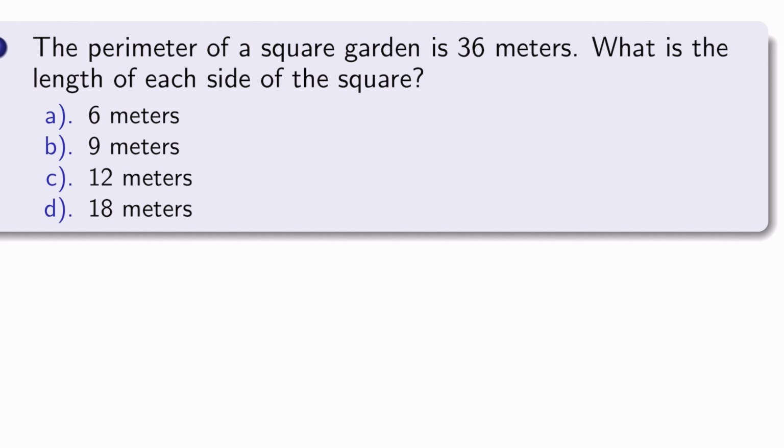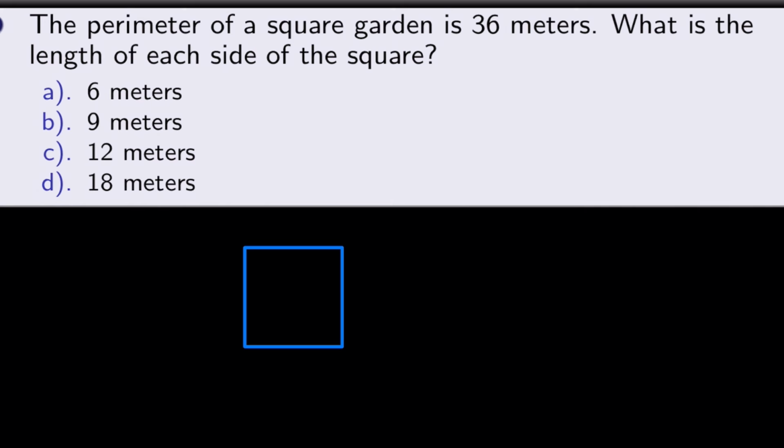Now to find the perimeter of a given shape, we add all the sides, right? For a given square, all the four sides are equal. So if here is L, then all the sides will be L, L, L, L. Now here, to find the perimeter of a square, we add all the four sides, right?